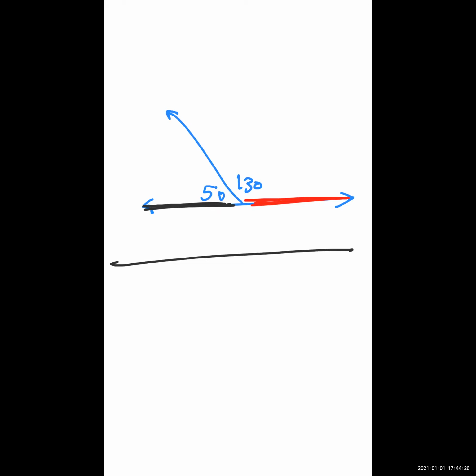But if they are like this, guys, if they are not supplementary, I'm trying to do it to be more logical. So if this one is 60 and this one is 119, for example. Actually, guys, these two angles now, they are not supplementary, right?